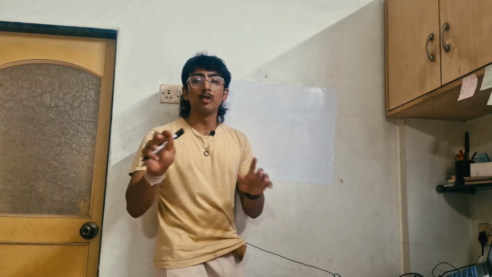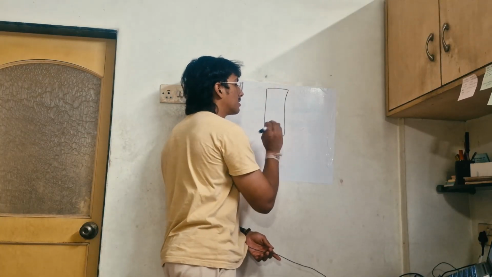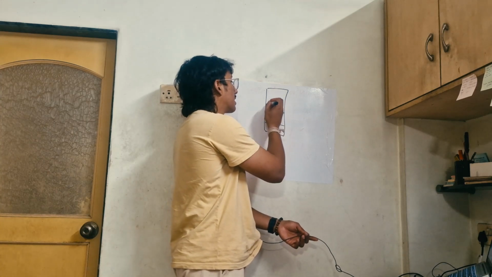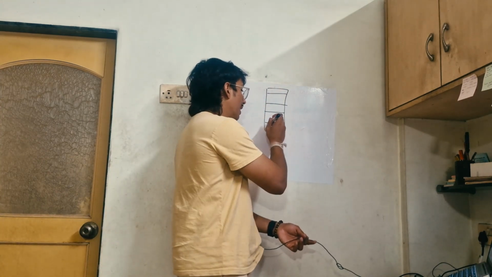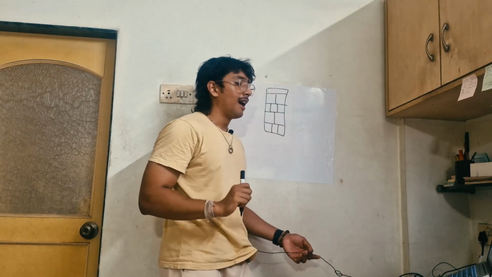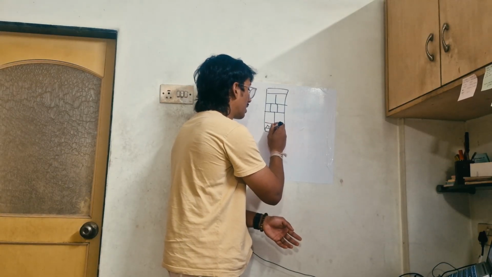You know what, just to give you people a visual, let's imagine a building and let's consider this to be analogous to an atom. Each of these buildings have multiple floors. Each floor has specific kind of rooms, and each room has a specific orientation.